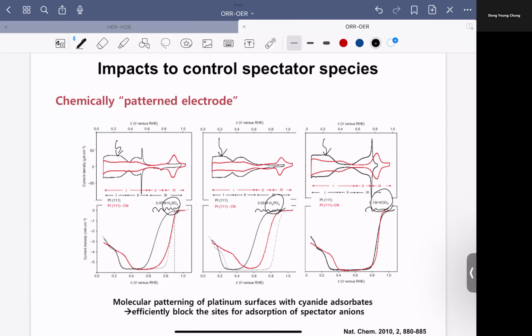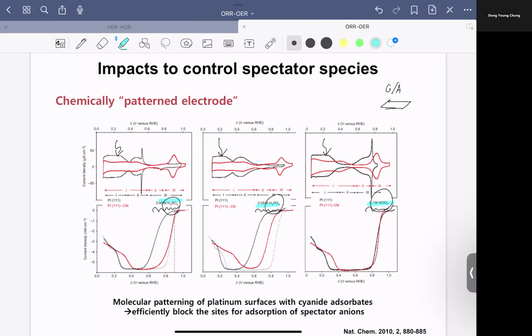Why? As I mentioned, we have to consider not only the electrode itself, right? But also you have to think about the cation or anion contribution for the electrochemistry, right? Please keep in mind, depending on the electrolyte, it contains a different anion, right?